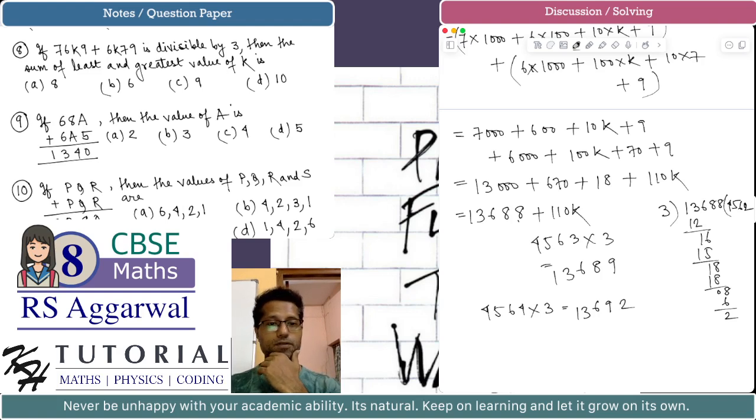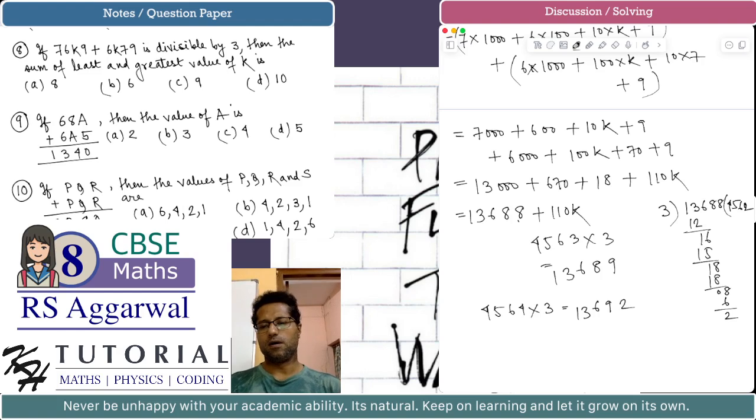Then the sum of least and greatest value of k. Now the remainder, when the number 13,688 is divided by 3, is 2.